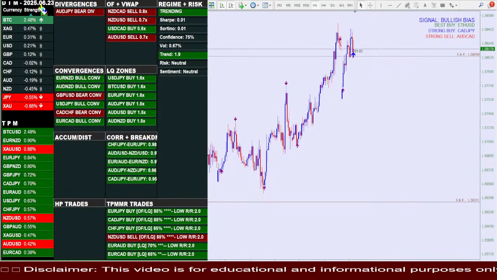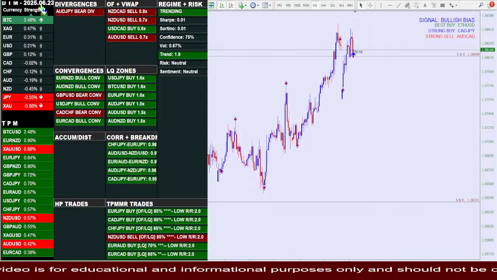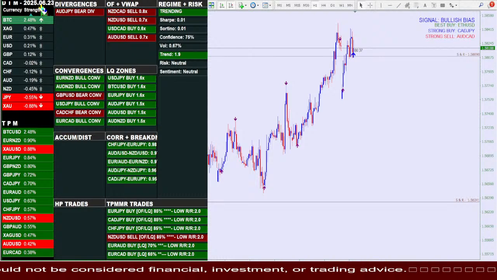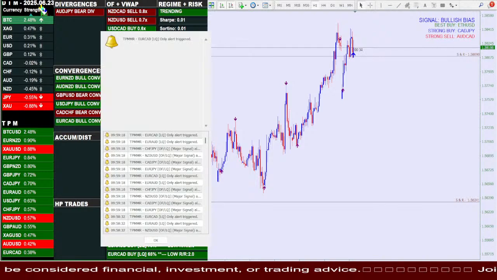So let me bring in the alert pop-up box, because yes, this is MT4. Let's bring it in, let's see. And make sure we are getting it right. I hope you can see that.